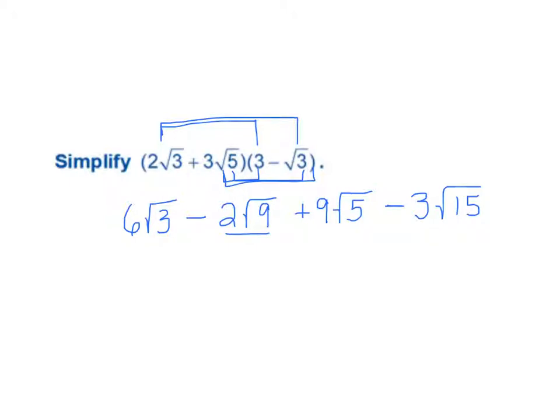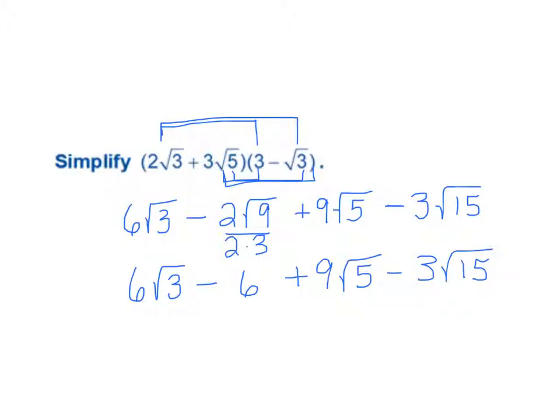So I do have this, right? This is 2 times 3, because the square root of 9 is 3. So I end up with 6 square root of 3 minus 6 plus 9 square root of 5 minus 3 square root of 15. None of those combine because we're back to adding and subtracting. And so we're done.